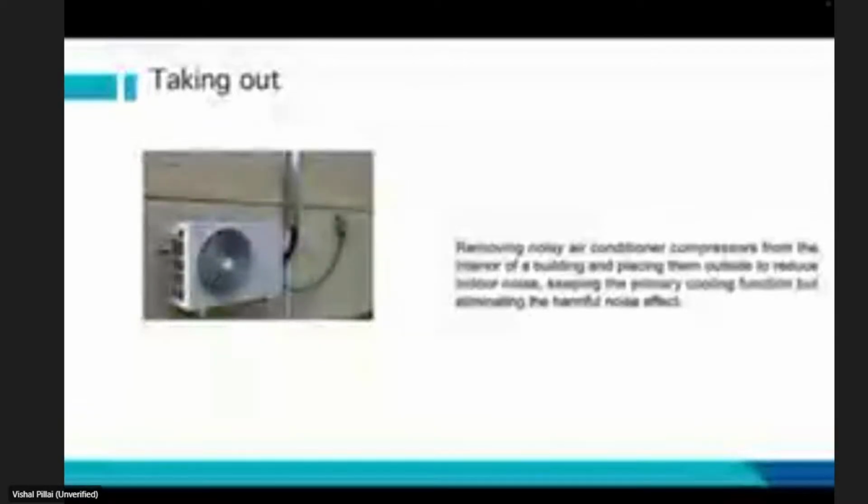The compressor is outside and the actual evaporator system is inside. So here you are removing the noise out of it. This is how you have innovated. These are examples of how the evolution of elements happens.